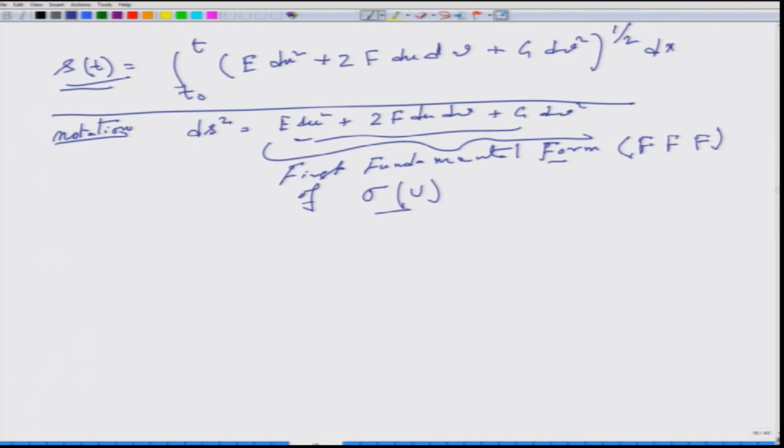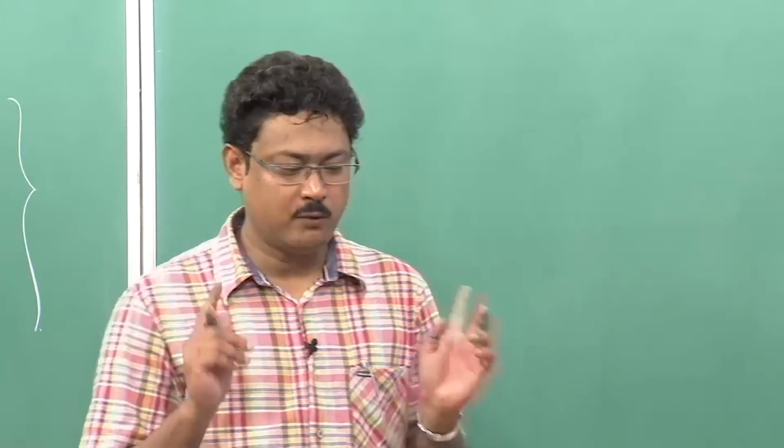For instance, here it acts on the curve gamma to give a real number. In this case, the first fundamental form gives the length of the curve. So, always remember this expression, this is the first fundamental form. Soon we will see a second fundamental form.